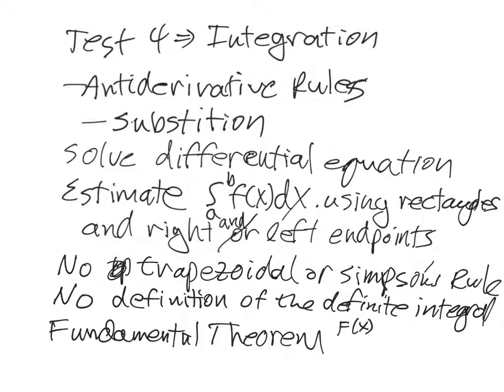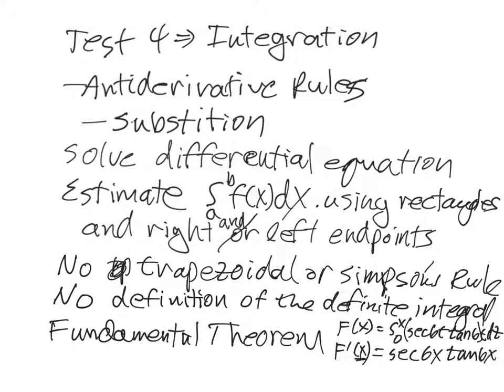like number 10, a function that looks like a definite integral, but we want to find the derivative of this. Well, the derivative of this turns out to be the integrand, but we are in terms of x, so we need secant of 6x times tangent of 6x.